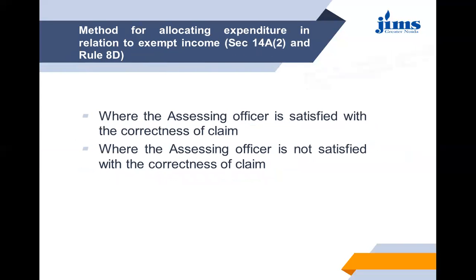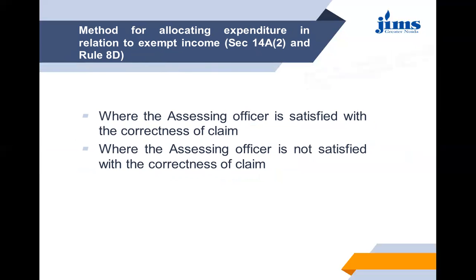What is the method for allocating the expenditure in relation to exempt income under section 14A, subsection 2 and Rule 8D? Number 1 is where the assessing officer is satisfied with the correctness of the claim.